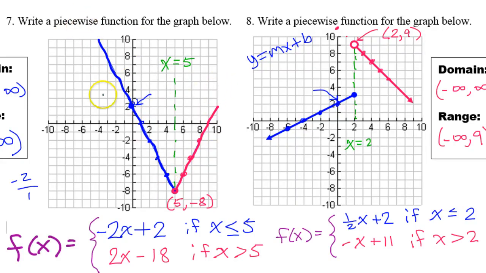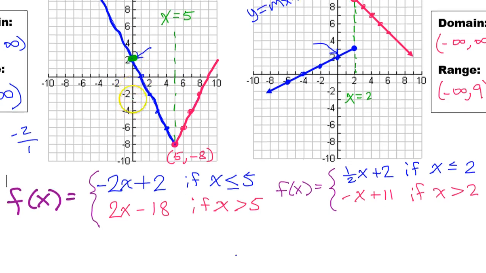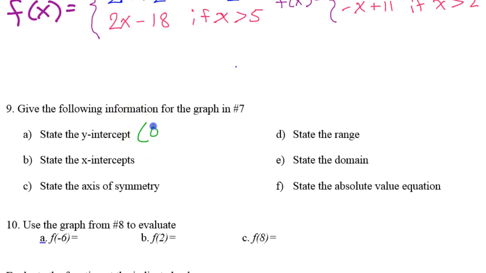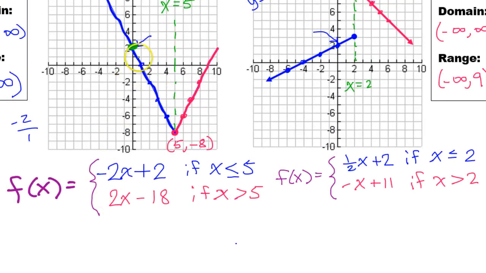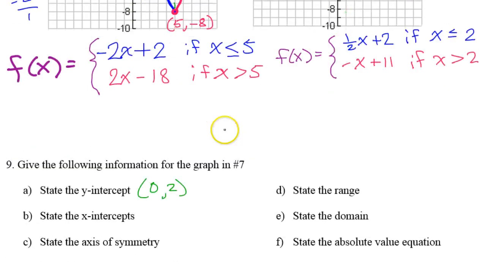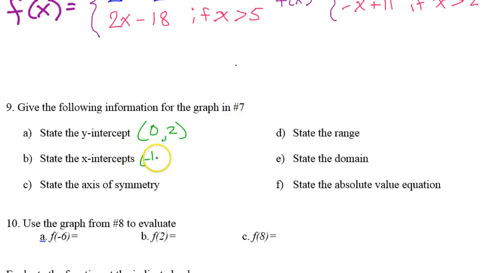This v only touches the y-axis here. It's the only place. So the y-intercept is at 0, 2. What about the x-intercepts? This v touches the x-axis in 2 places, -1 and 9. So that's why I'm going to put -1, 0 and 9, 0.